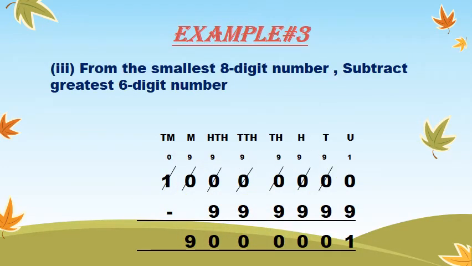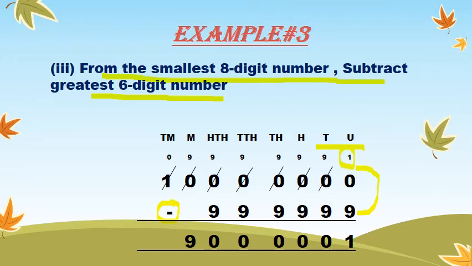Here is an example number 3 about smallest and greatest number up to 8-digit number. Now I will read. From the smallest 8-digit number, subtract greatest 6-digit number. We have to do subtraction here. So let's start from the units place. We cannot subtract 9 from 0. We will borrow 1 from the previous number, but it is 0 again.